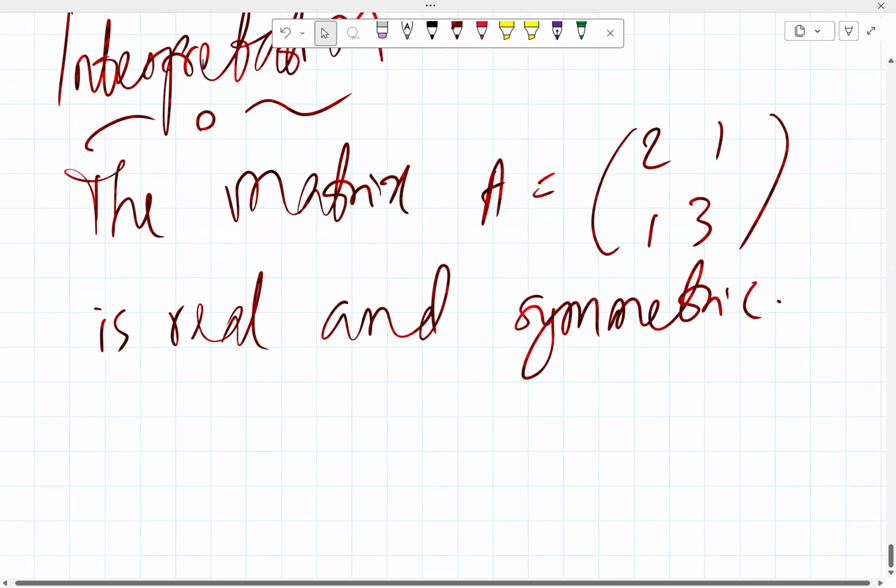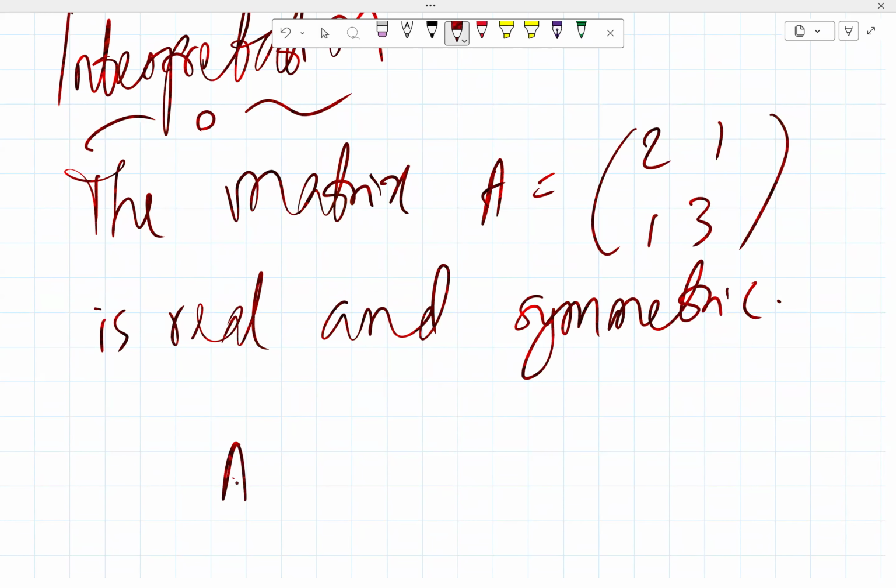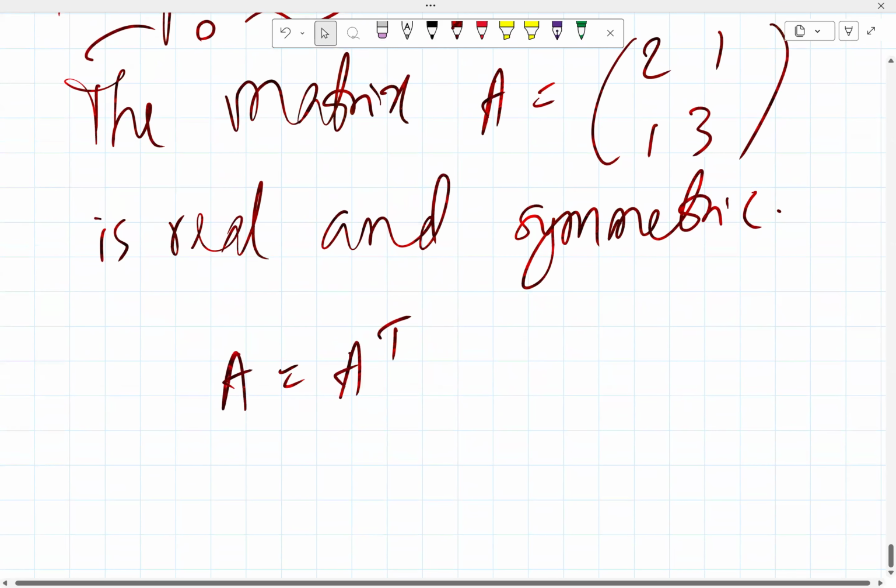And we know that matrices in the Gaussian orthogonal ensemble are also real and symmetric, except their entries are real. Therefore, this matrix shares the key structural property of GOE matrices, which is the fact that A is equal to A transpose. Consequently, all eigenvalues are real.